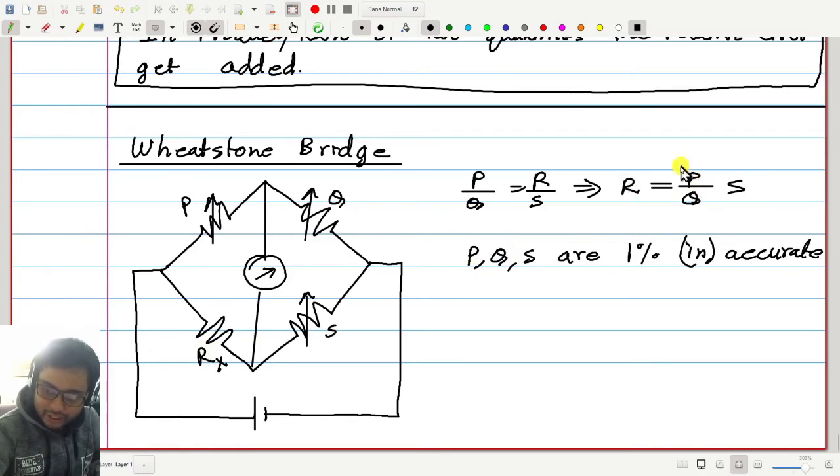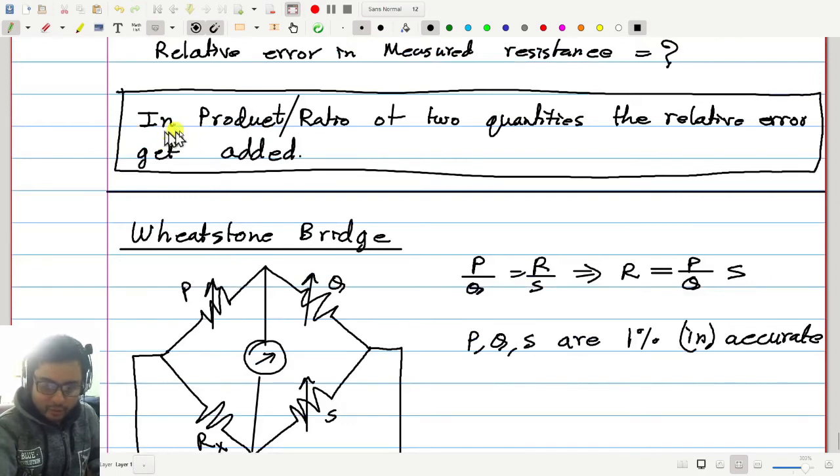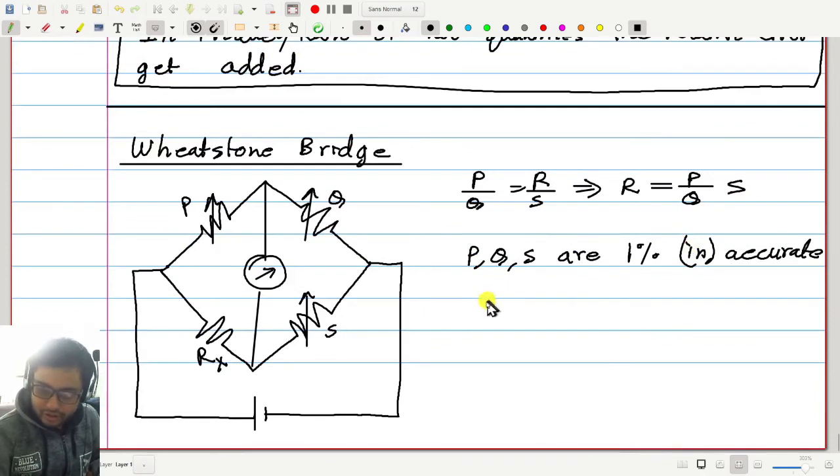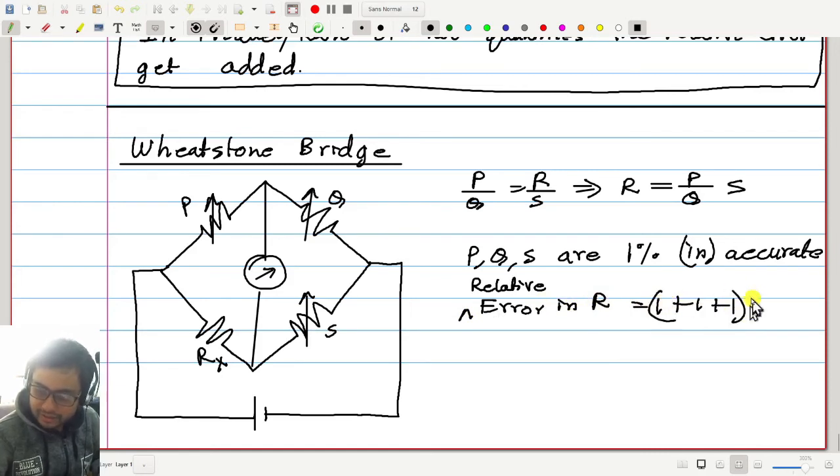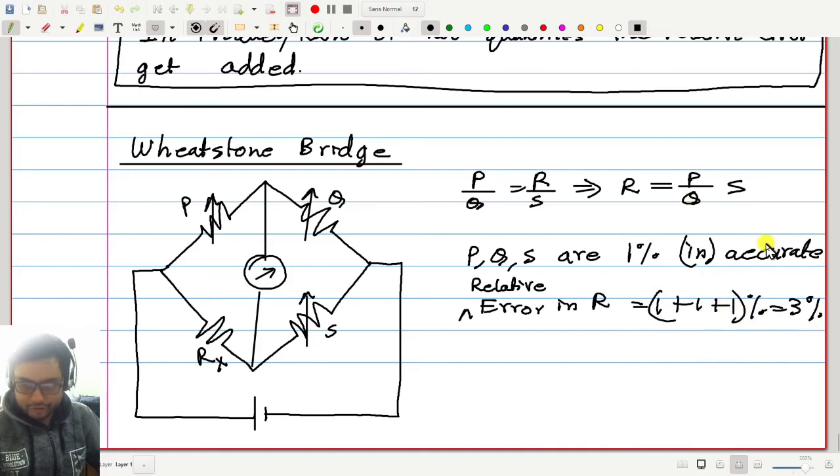You see that we are using a formula where we have a product and a ratio, and just now we have said that when we take product and ratio, relative error gets added. So the relative error in R, not absolute error, will be 1 plus 1 plus 1 equal to 3%. You should be aware and careful of this fact.